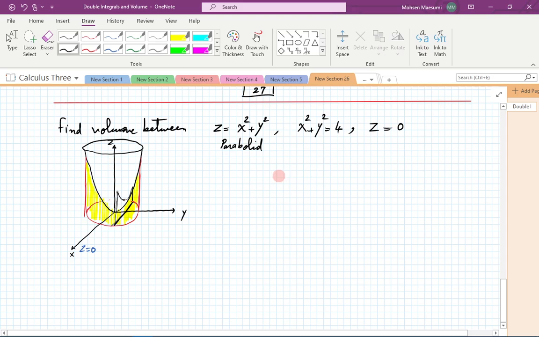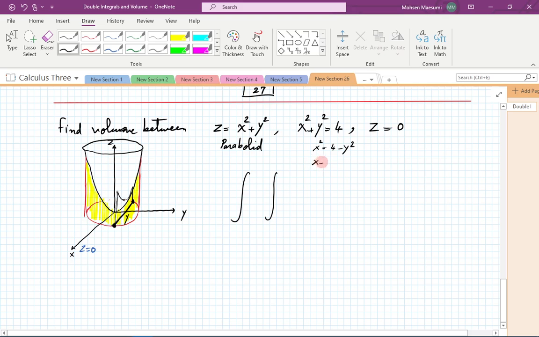So what we do, we set up our double integral. The first one is going to go from that intersection to this intersection. So I pick a certain y, that's my y. I ask what is my start and end x. So I have x squared equal to 4 minus y squared.